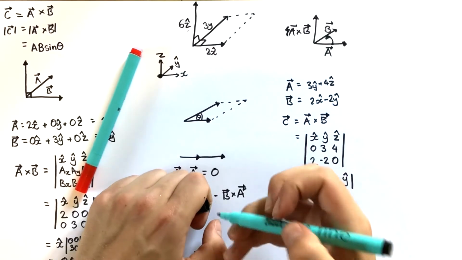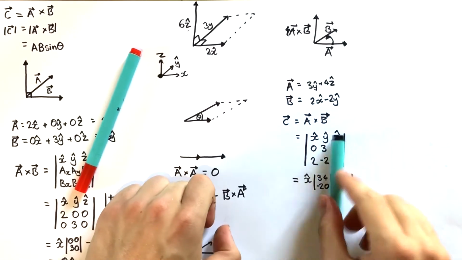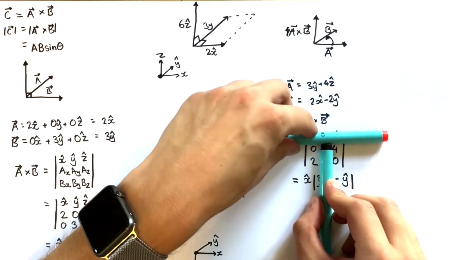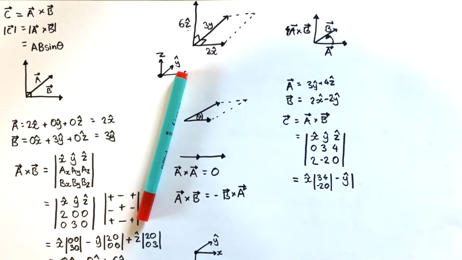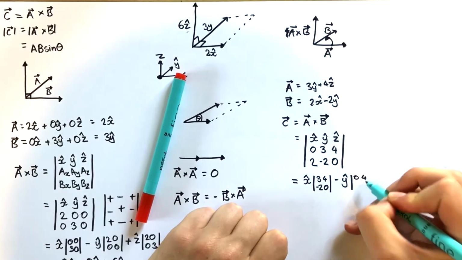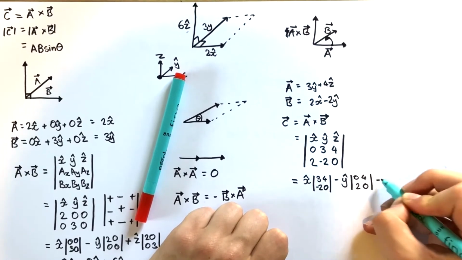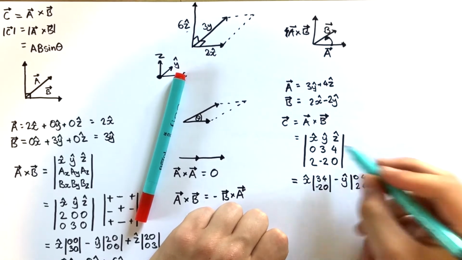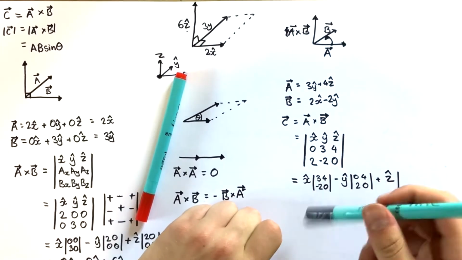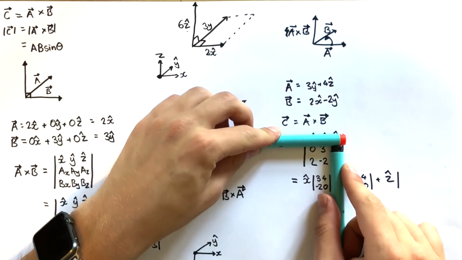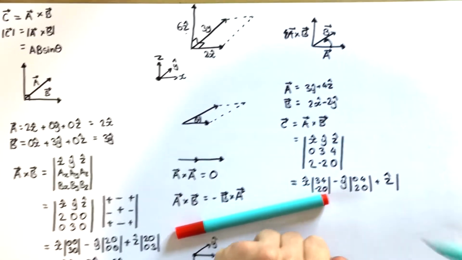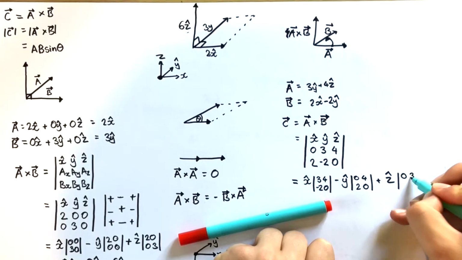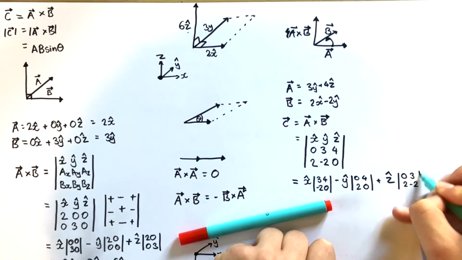And what's the mini determinant that's going to get formed by crossing out all of them? 0, 4, 2, 0. Plus z hat. And what are we going to get? You're going to get 0, 3, 2, minus 2.